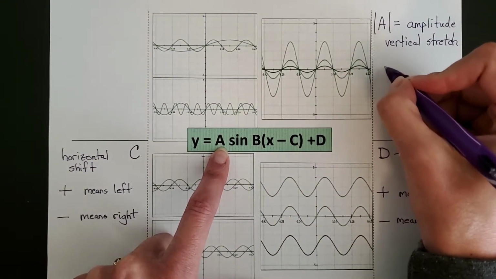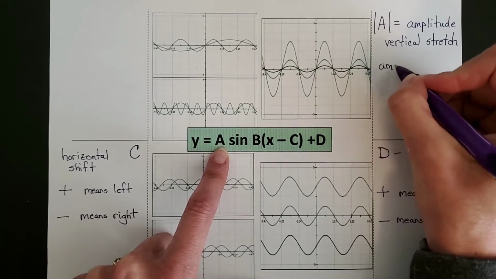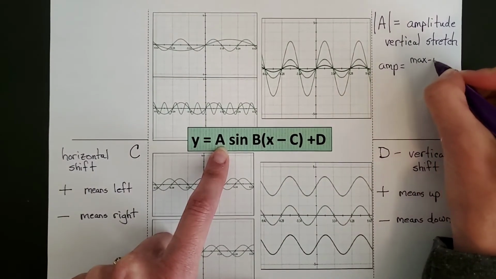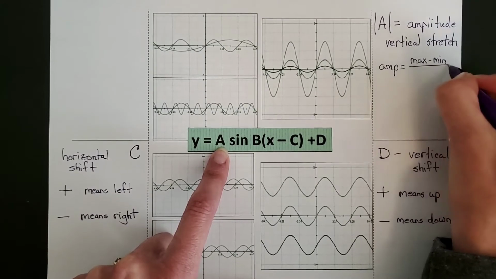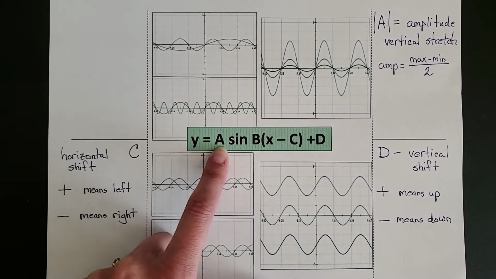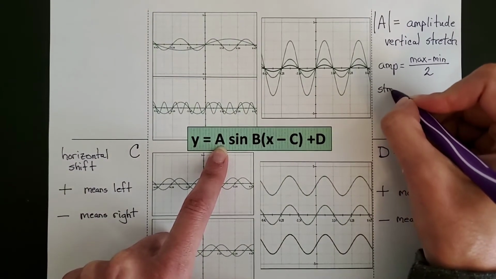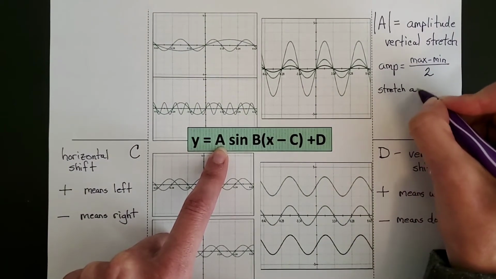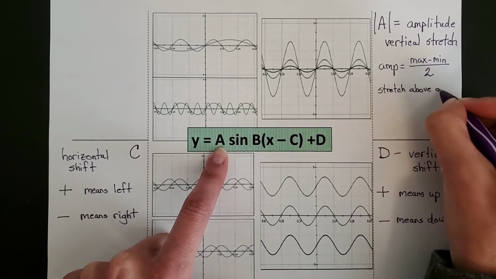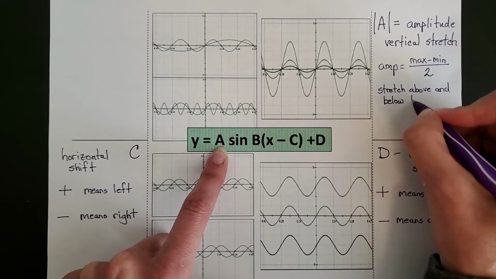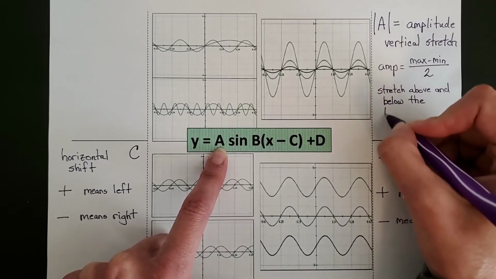Remember, you can also find your amplitude by taking the maximum minus the minimum and dividing by 2. And it is the stretch above and below the horizontal axis.